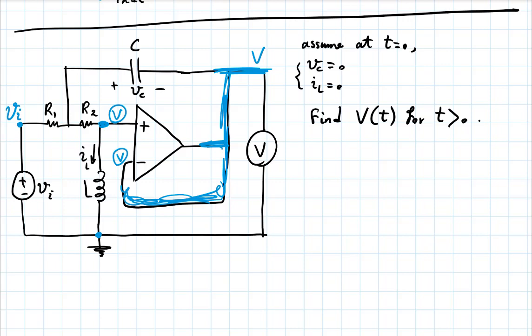So let's continue the analysis. What's the next thing I can say? Well, let's just start writing things down. First of all, the op-amp will have 0 input current. 0 amp, 0 amp. So that simplifies things.